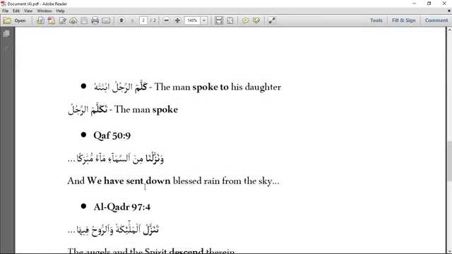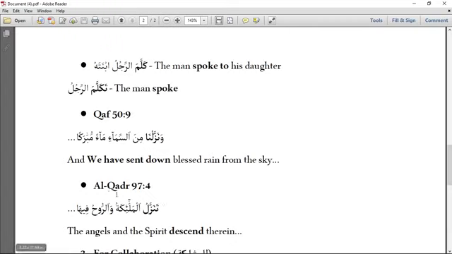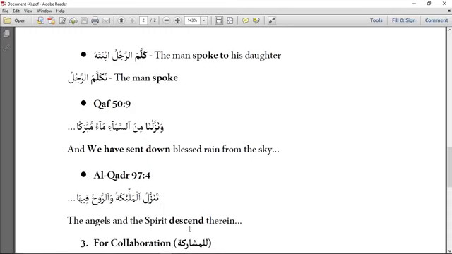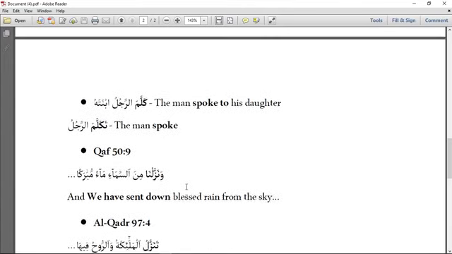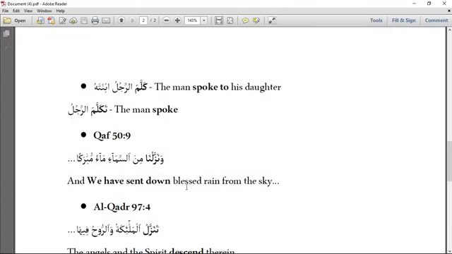Now moving to the intransitive form, we go to Suratul Qadr, we have tanazzalu. So from nazzala, taking it to the tafa'ala shape to give us the mutawa'a, we have tanazzalu. Tanazzalu al-malaikatu war-ruhu fiha. The angels and the spirit descend therein. So this is how we form mutawa'a from the tafa'ala shape.